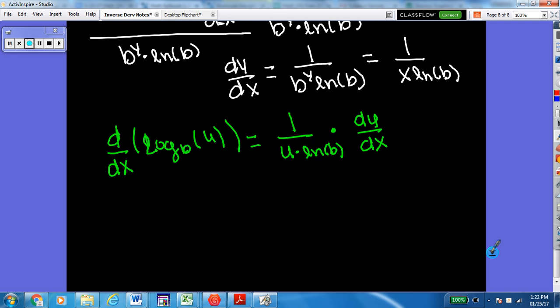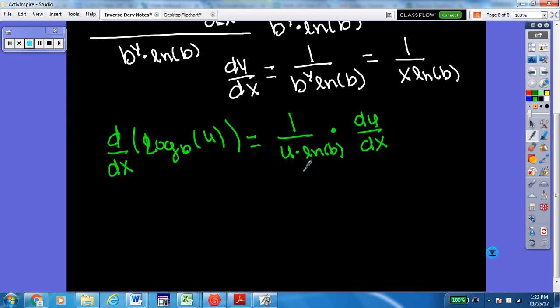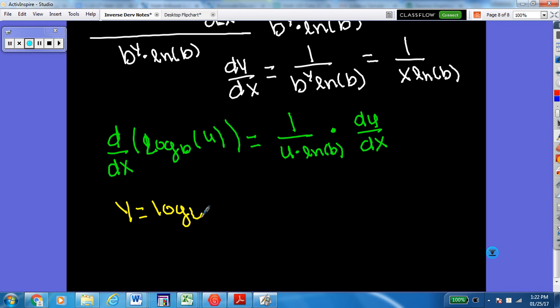So let me show you an example, because that always clears things up. Let's say we had y is equal to log base 6 of 4x. The derivative of that would simply be 1 over the 4x times, and that's in the denominator, the natural log of the base, which is 6.